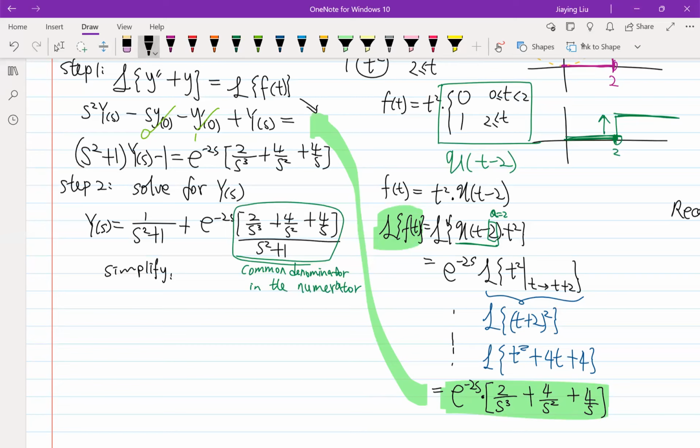So I'm just going to write down what I end up with at the end, which is Y of s equals 1 over s squared plus 1 plus e to the negative 2s times this fraction, 2 plus 4s plus 4s squared divided by s cubed times s squared plus 1.